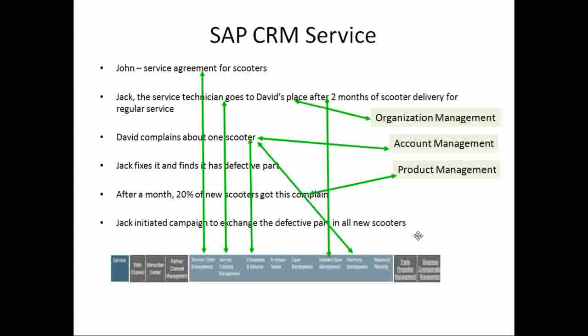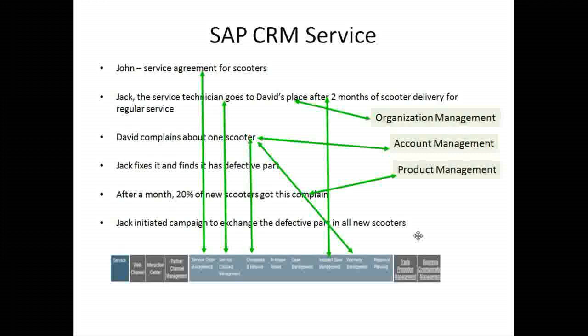These details will be maintained using installed base management in SAP CRM Service, where SAP CRM Service will log the information about the customer's premise where the new product is installed, in order to make it easy for the employees in the company to reach the customer premise.